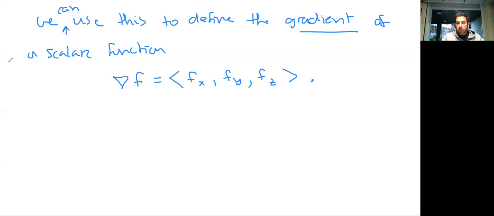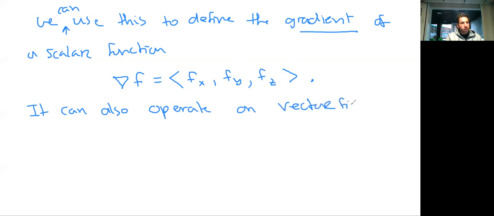But here's something it can also do. It can also be used to operate on vector fields. We know what a vector field is. A vector field is a function from, say, 2 dimensions to 2 dimensions, or 3 dimensions to 3 dimensions. And so in that sense, it's not scalar multiplication, but it's a dot product.